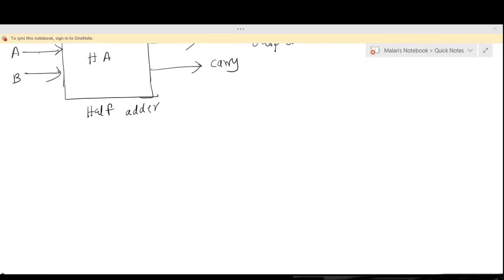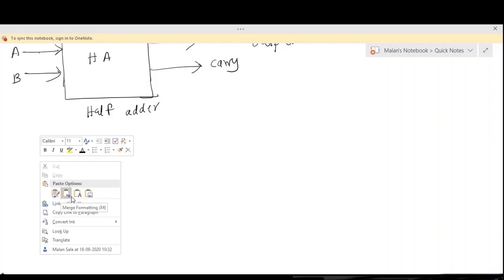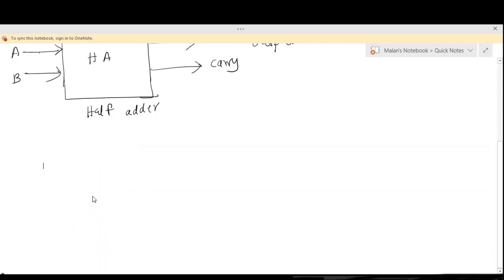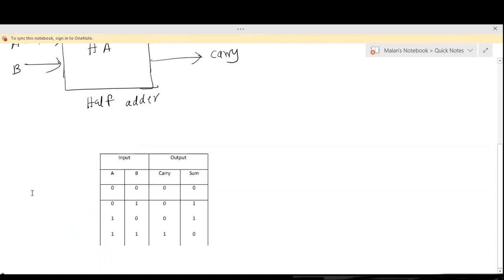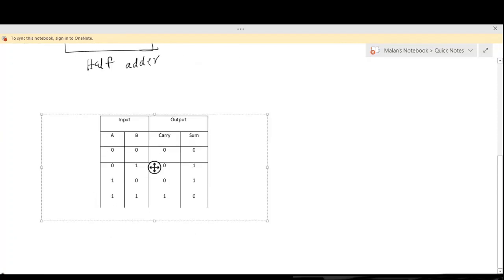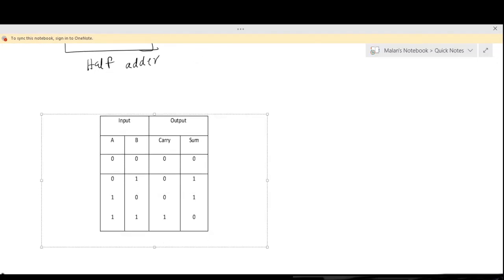Now, when I say that the half adder performs the addition of two binary inputs, this is the truth table of the half adder. Here you can see the half adder has two inputs, the first one is A, the second one is B, and it generates the output as carry and sum.